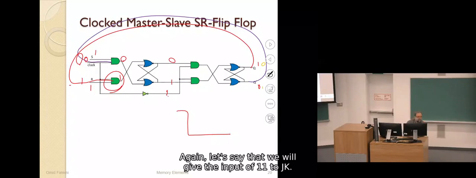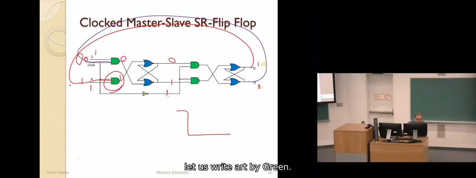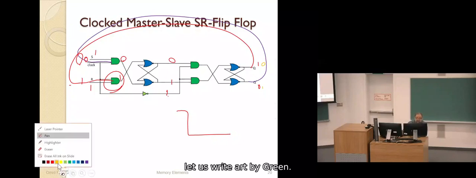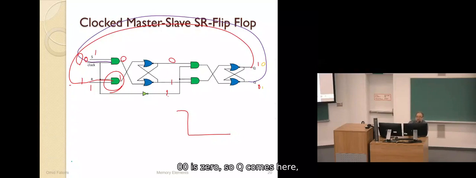Again, let's say that we will give the input of 1, 1 to JK. Okay, if this is the case, let us write it in green. So 0, 0, Q is 0, so Q comes here. So we have 0 here.